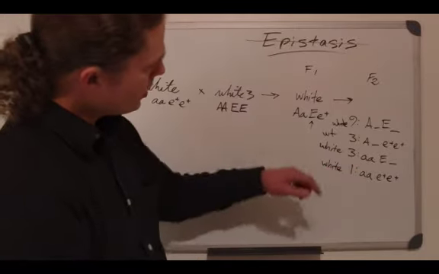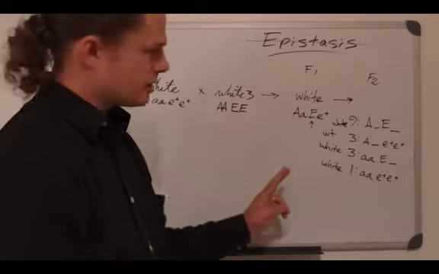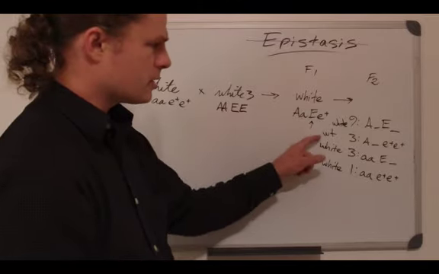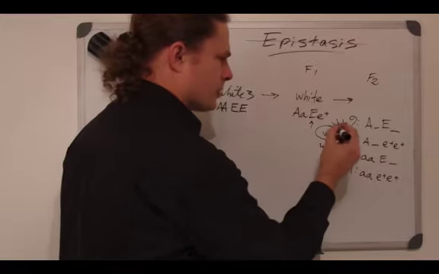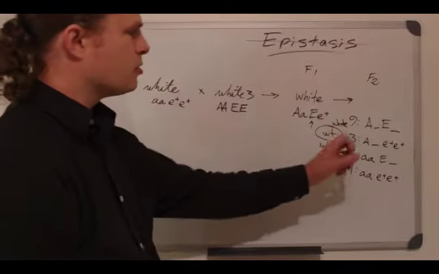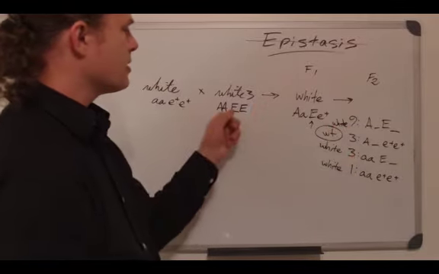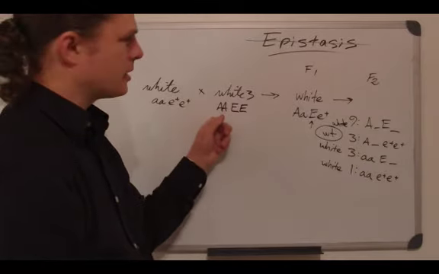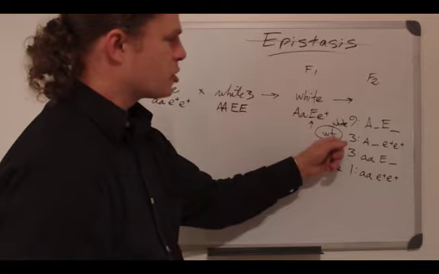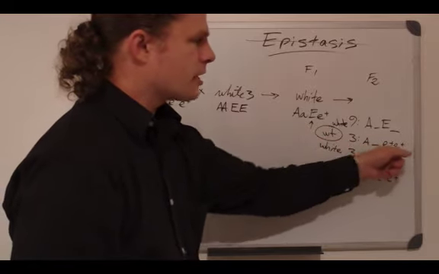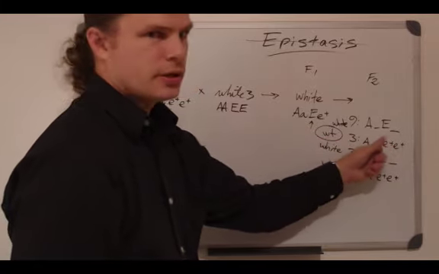So in the end, what we have is, again, only 2 phenotypes. We have mutant and we have wild type. Again, can't emphasize this enough. The presence of the wild type in the F2 allows you to determine that these must be alleles of separate loci. If they were alleles of the same locus, you would never have recombination that would produce a wild type genotype that has a wild type phenotype.